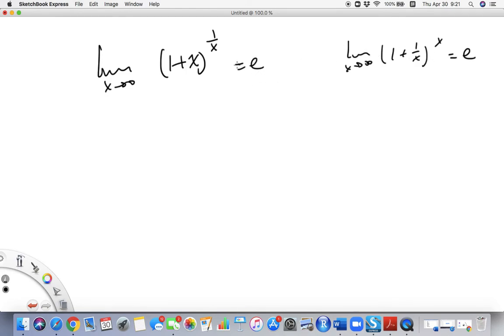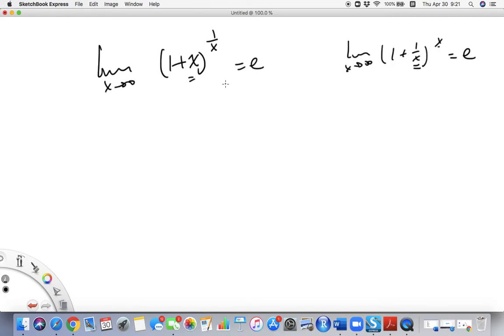But now you see this is a little different. It's 1 over x here, that it's x. That's x, that's 1 over x. But now we have x goes to 0 instead of x goes to infinity. Anyways, so really there's no surprise that the limit is equal to e.